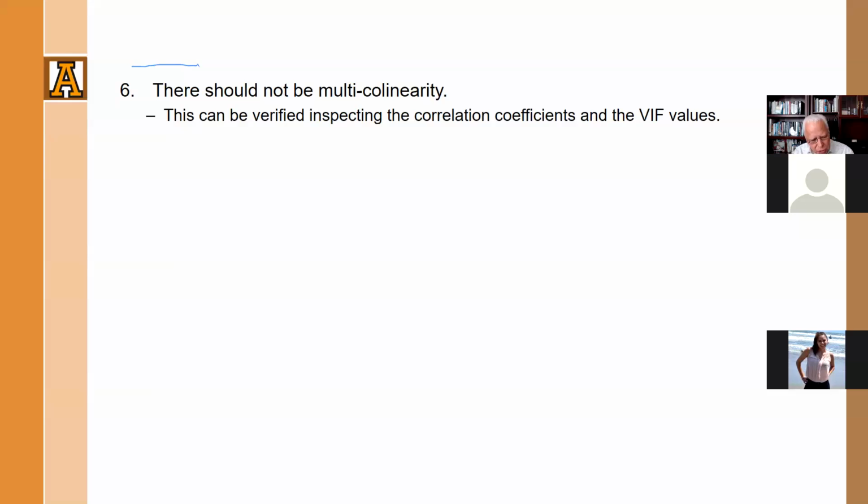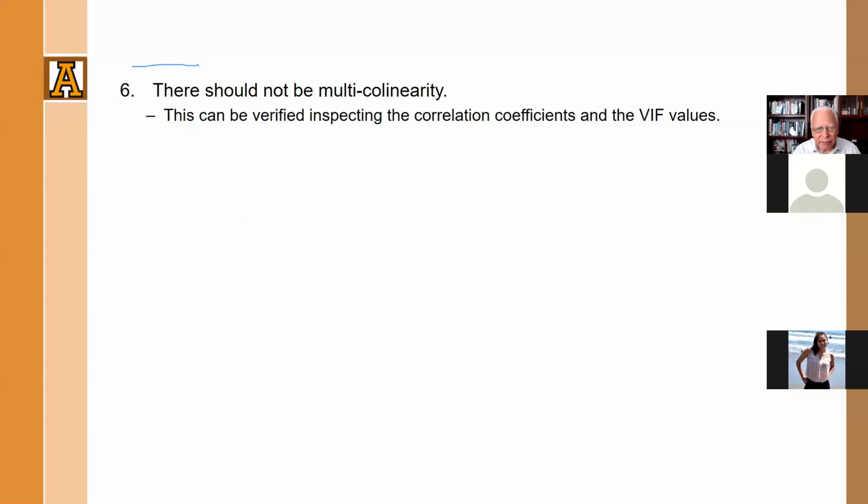There's another assumption: we should not have multicollinearity among the continuous predictors. That is, if we have two continuous predictors that are highly correlated, we need to eliminate one of them. Or we need to run first a principal component analysis to eliminate collinearity and work only with the main principal components.